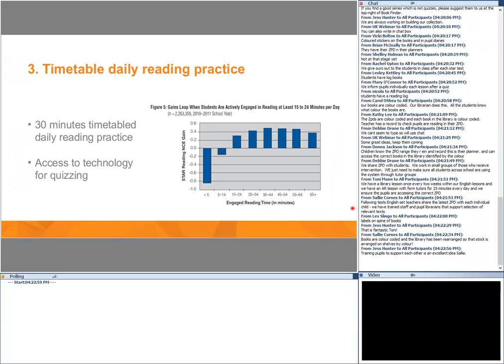So on the right-hand side of your screen, you'll find a poll with a few options. If you can select A, B, C, or D: A, less than 15 minutes of engaged reading time set aside in your timetable; B, 15 to 24 minutes; C, 25 to 34 minutes; or D, more than 34 minutes. So that's timetabled for reading.